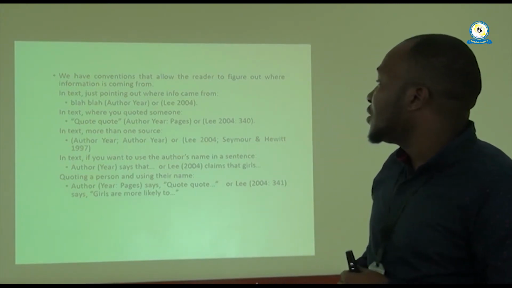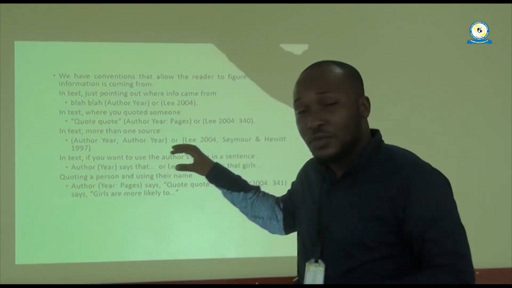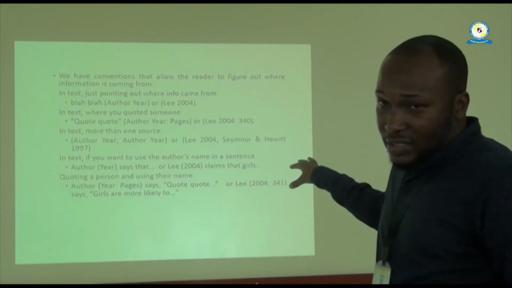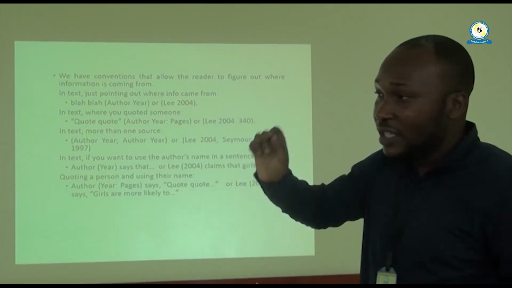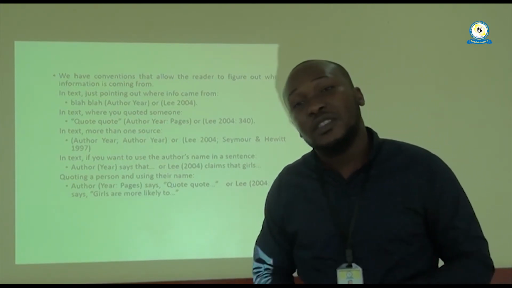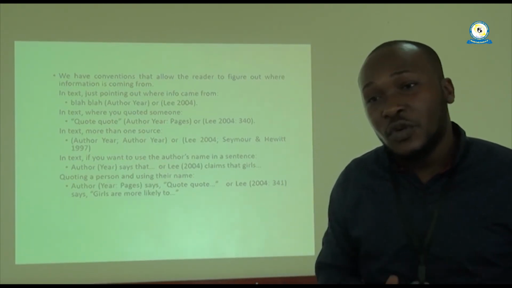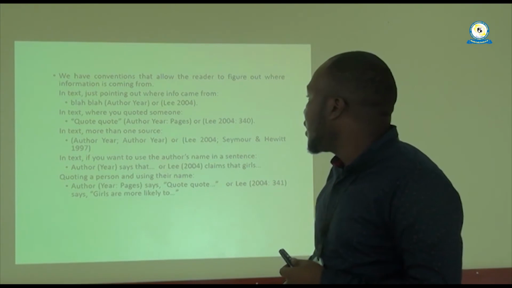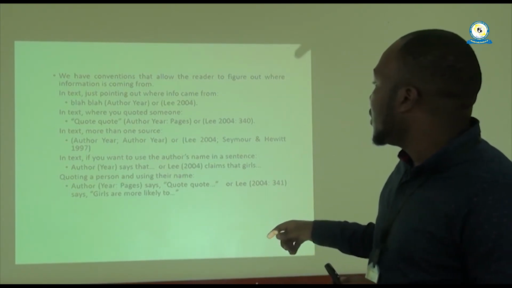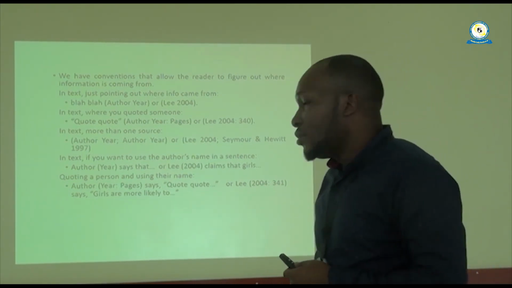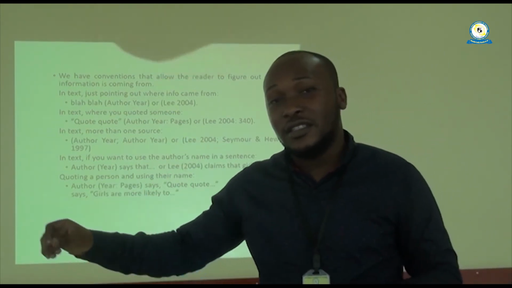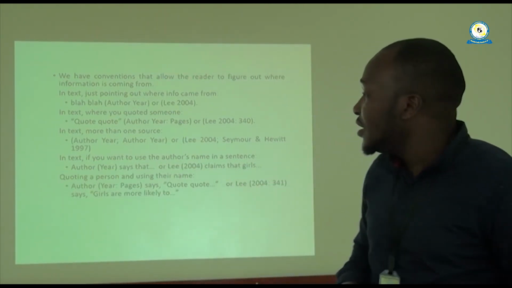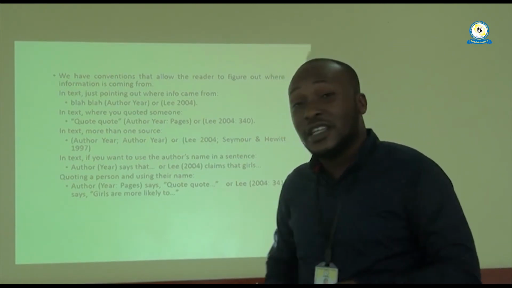In text, for more than one source, you put the names of those who did that paper or article, or you mention one and say "et al.", that means and others. In text, if you want to use the author's name in a sentence, you say Kothari 2003 said that research is the process of investigating a phenomenon in a scientific and systematic way.